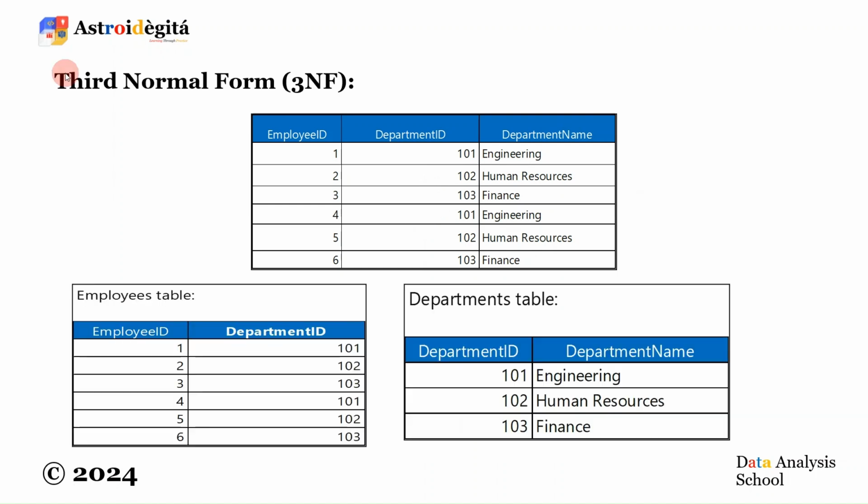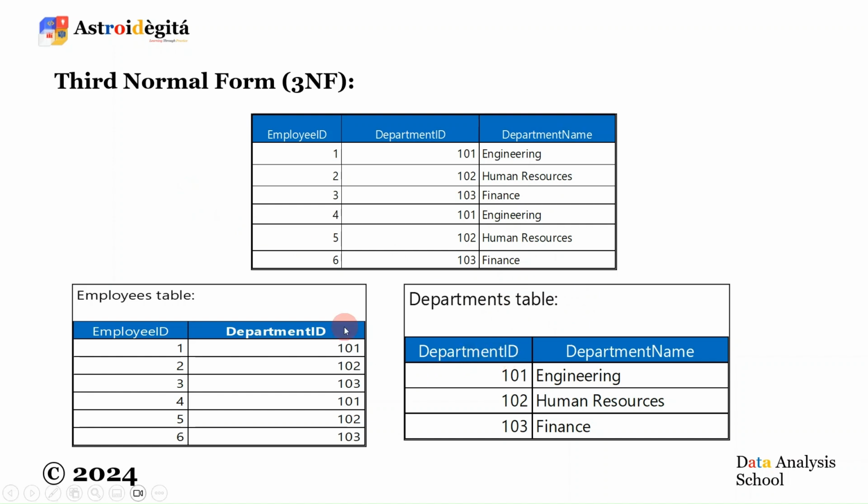After splitting the table into two separate tables, by adding the department ID to the employees table, which serves as the foreign key in the employees table, we now have the department table separately with department name and department ID.